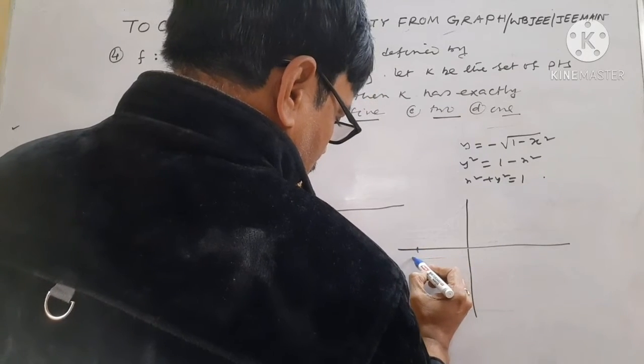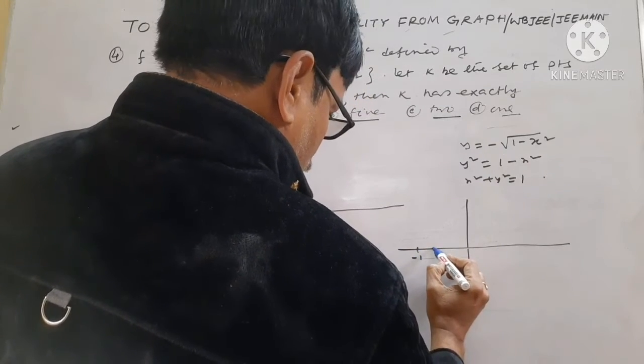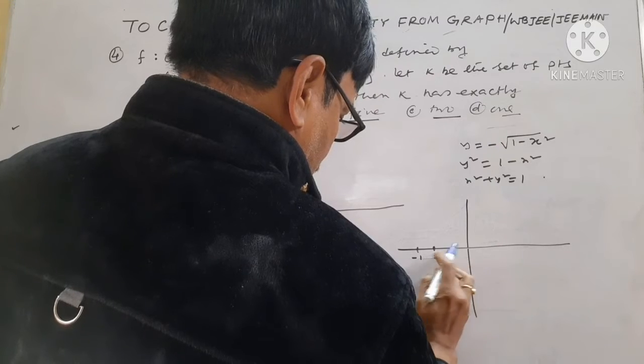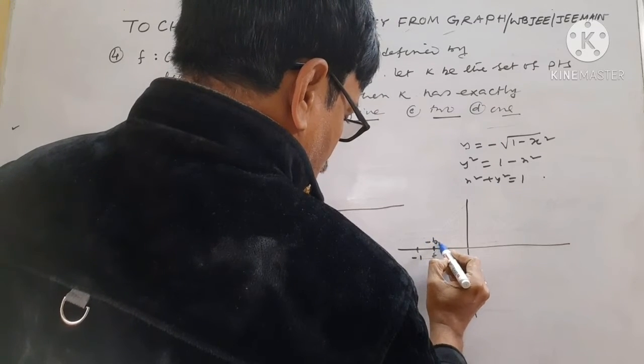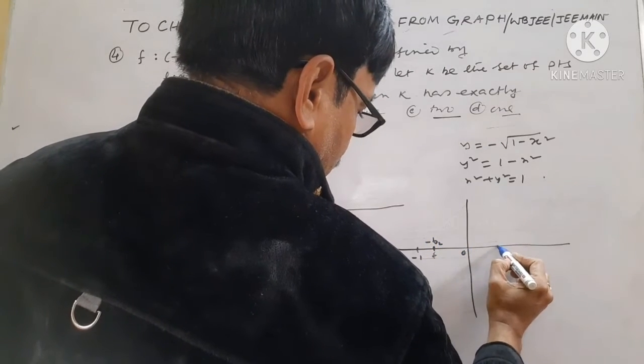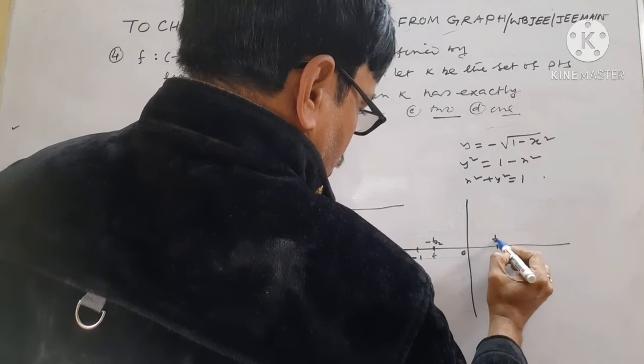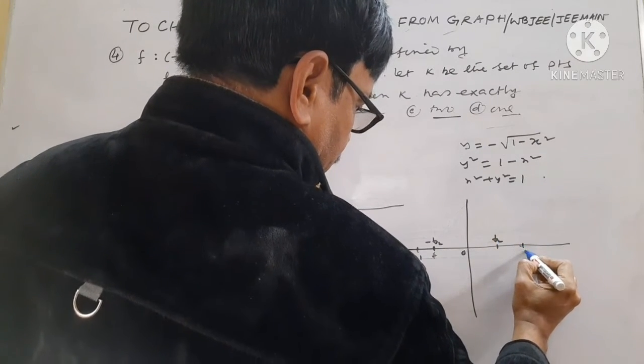So this is minus 1, minus 1 by root 2, 0, 1 by root 2, this is 1.